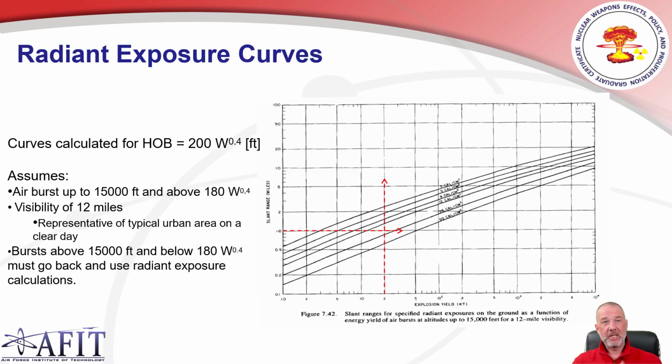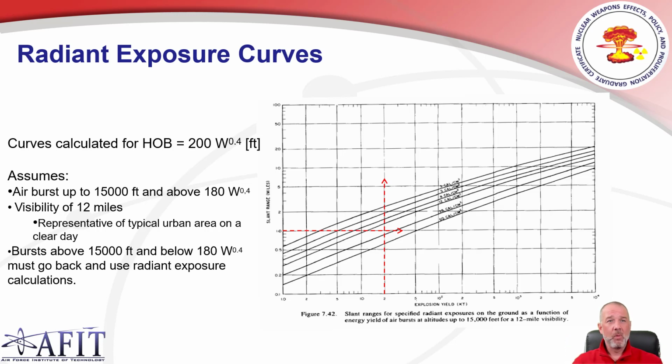Okay, so let's put this all together and let's try it out with a graph instead. Now, this particular graph has some limitations to it, which are here on the left-hand side. So it has to be below 15,000 feet, but has to be above some arbitrary height limit based on the weapon yield, which is related to optimal height of burst.